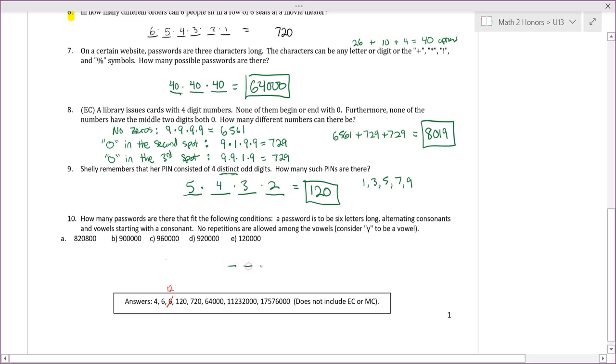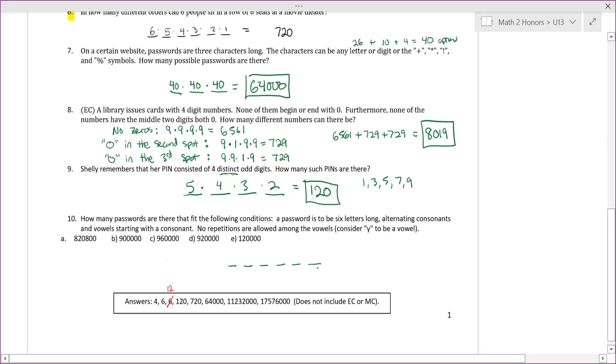So 1, 2, 3, 4, 5, 6. Alternating consonants and vowels. Starting with a consonant. No repetitions are allowed among the vowels. Okay, but it doesn't say no repetitions are allowed along with the consonants. So you can repeat consonants, but you can't repeat vowels.